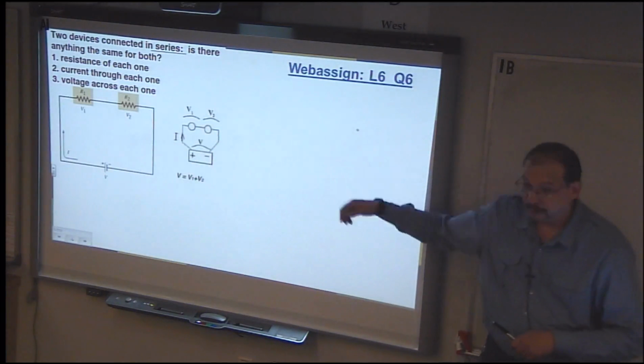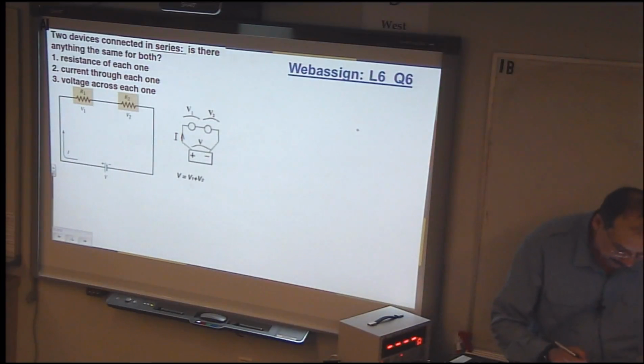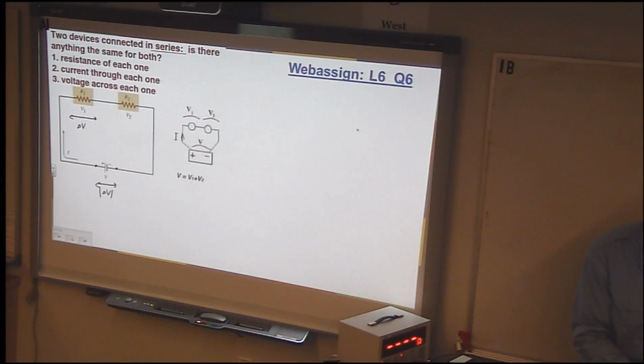See this guy? It looks sad. Let's make it happy. So, this is our circuit. This is the voltage provided by the battery. Of course, across each element we should have its own voltage, and I prefer my symbols, delta V for the voltage, not just V. And the electric current traveling through the circuit is the same everywhere, which means we can apply Ohm's law.